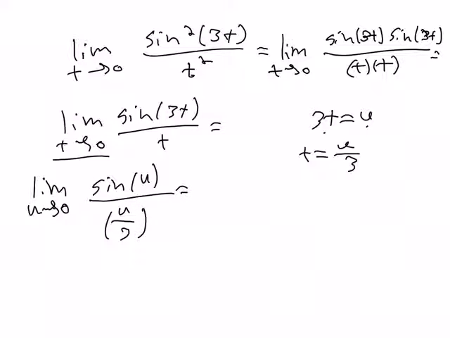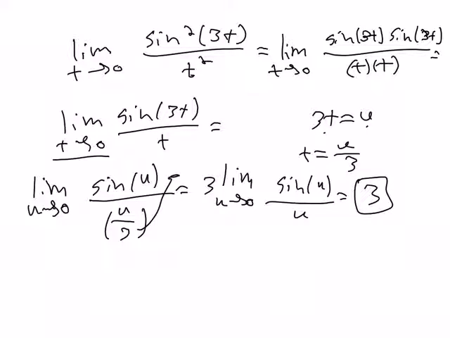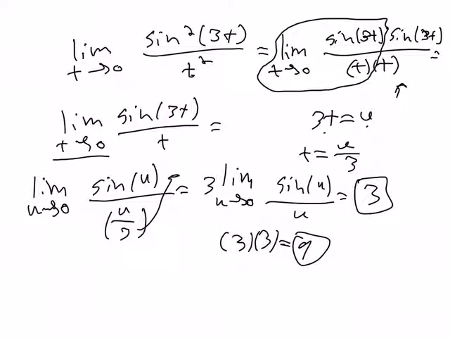This is equal to 3 times the limit, right? The 3 just jumps up over here, times the limit as u goes to 0 of sine of u over u, and this is just going to be 3. But this is for one of these, and then we multiply it by another 3, so we get 3 times 3 is equal to 9, so the limit of this thing is 9.